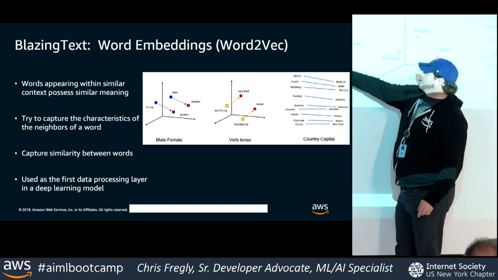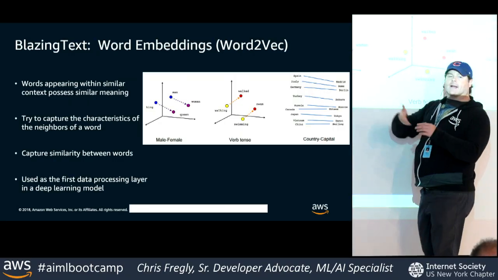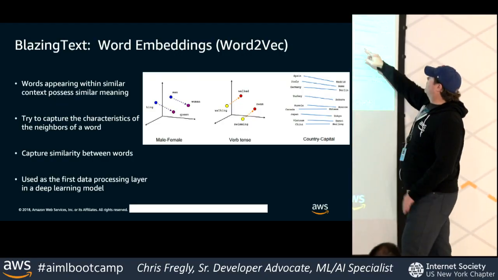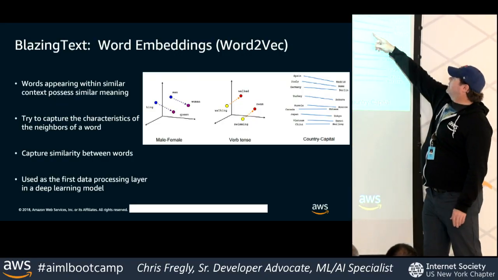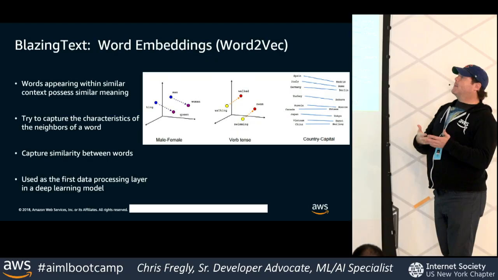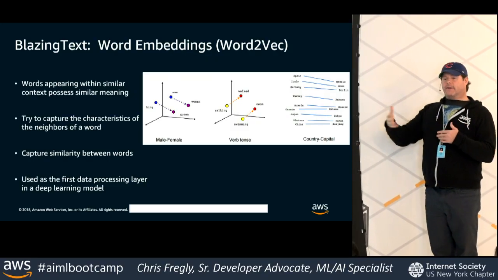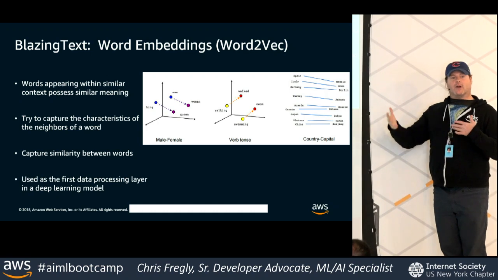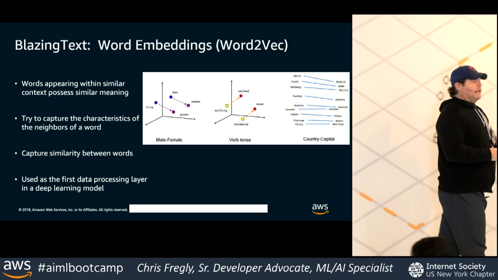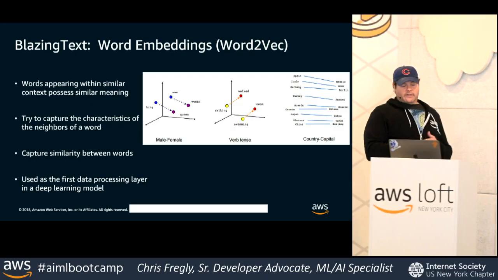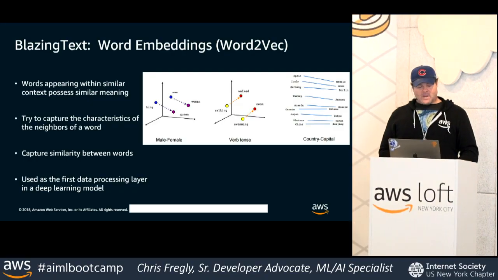King points to queen, so you can subtract them out. Here we've got the very common Spain to Madrid. Based on a corpus that we passed in, when we converted these words to this new alternate representation, we can start to do cool things like similarities.